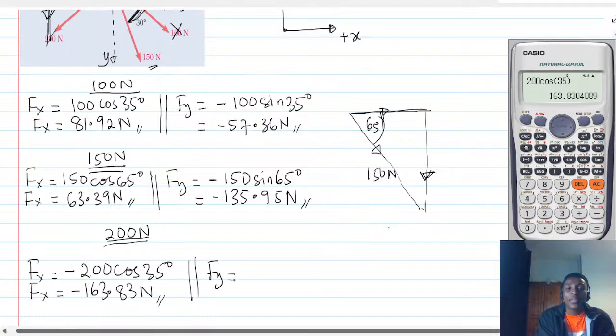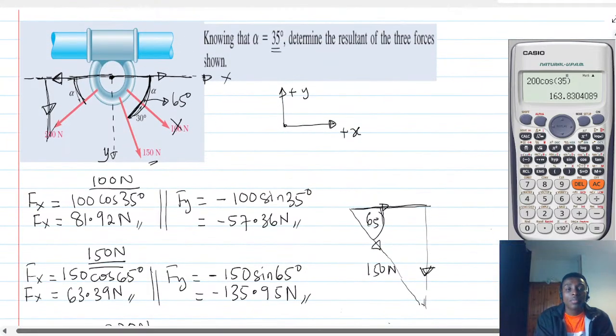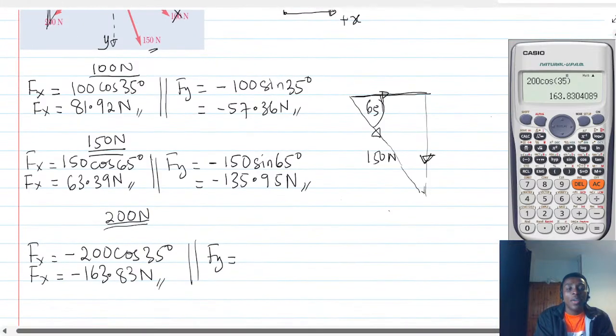How about the y? So the y axis, so for the y is going to be again 200.